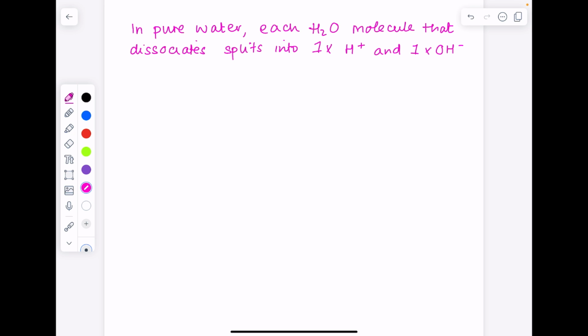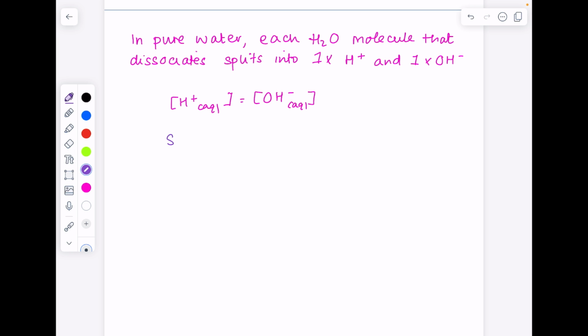So here I've written that in pure water, each water molecule that dissociates splits into one hydrogen ion and one hydroxide ion. So we can therefore say that the concentration of H+ ions is equal to the concentration of OH- ions.